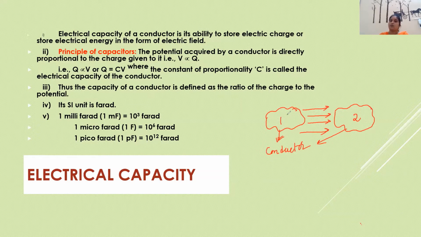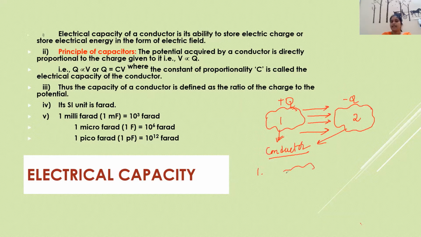Now let us suppose we take the charge present on the conductor. Initially only one conductor will be charged, and by the process we observe that the other body is also made a conductor. Here we have a positive charge and here we have a negative charge. Let us analyze the general properties of a conductor.